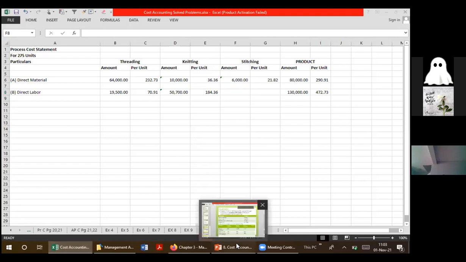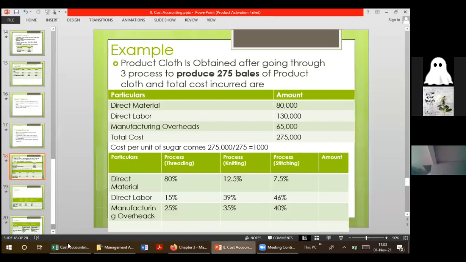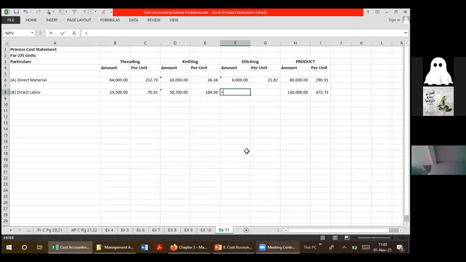Now for stitching, labor cost consumes 46%. So 46% of 130,000 times, 59,800. 59,800, right?